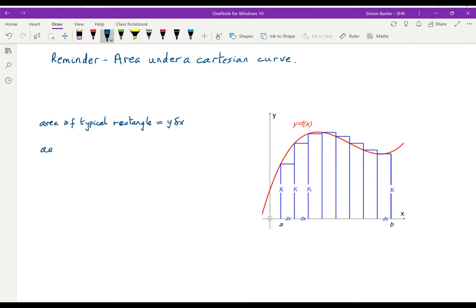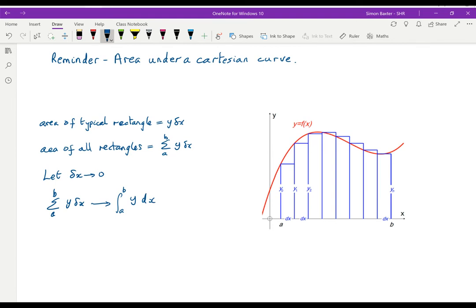So the area of all the rectangles is add up all the y delta x's between x is A and x is B. Then if we let delta x get smaller and smaller and smaller, let delta x tend to 0, sigma A to B y delta x becomes the area under the curve, integral y dx.